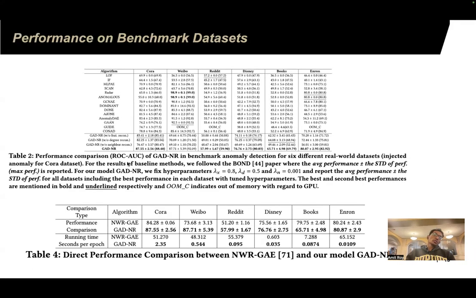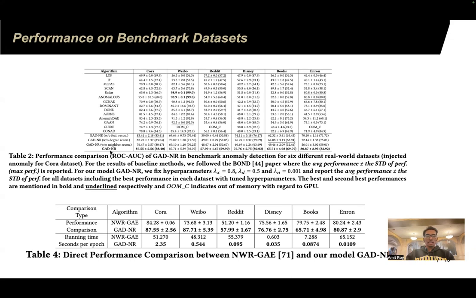In Table 2, we present the performance of GAD-NR on benchmark anomaly detection. For the datasets Reddit, Disney, Books, and Android, we use the benchmark anomaly labels. But for the Cora dataset, the anomaly is injected, and we followed the same setting as the BOND paper. And we use the following values of lambda x, lambda d, and lambda n, the hyperparameters which denote the impact of self-feature reconstruction, degree reconstruction, and neighborhood reconstruction.